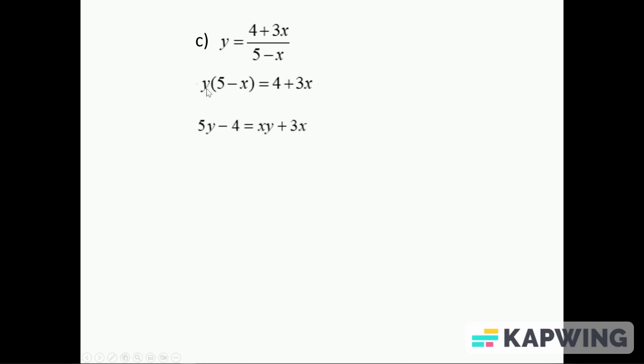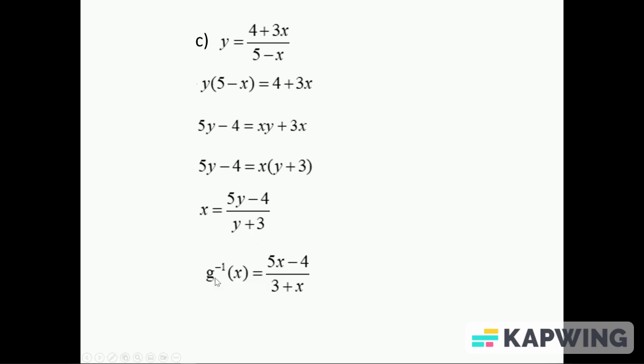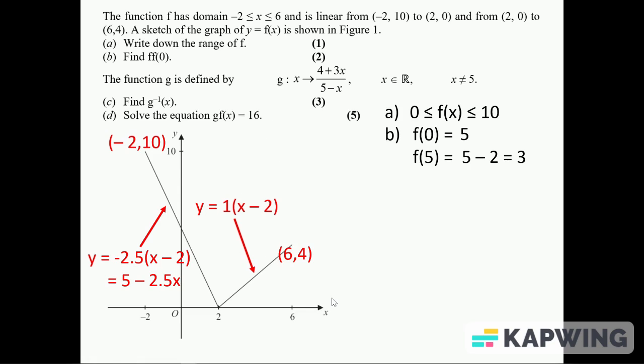So the minus y times x has gone over here, the 4 has gone over here, we've got -4. I can then isolate the x by taking it out as a factor and dividing by y plus 3. Gives me x equals (5y plus 4) over (y plus 3). Then finally I write down that g to the -1 of x, I've replaced these y's with x's, and that's the inverse function.